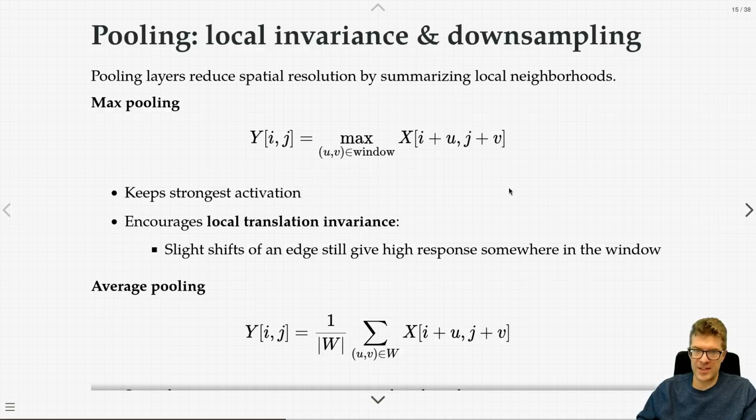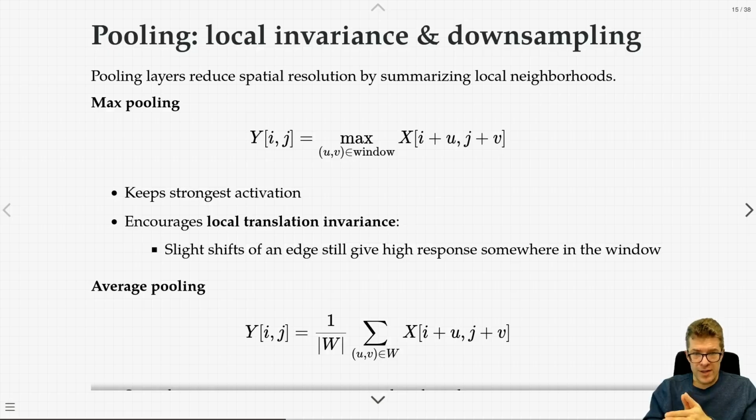So max pooling basically says, when you're moving the kernels over a particular space, you'll pick whatever the maximum is in this window, and that will be the output for this kernel. So this basically gives you the strongest activation. Instead of taking the weighted sum, you'll take just the strongest activation.